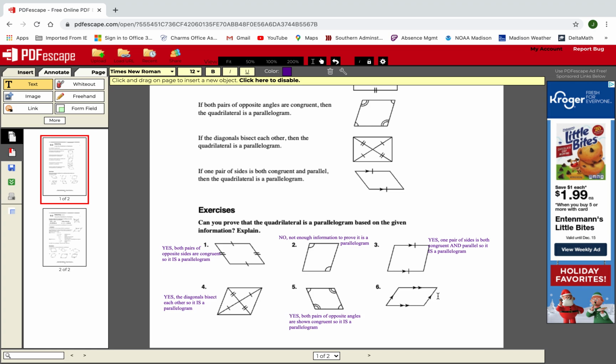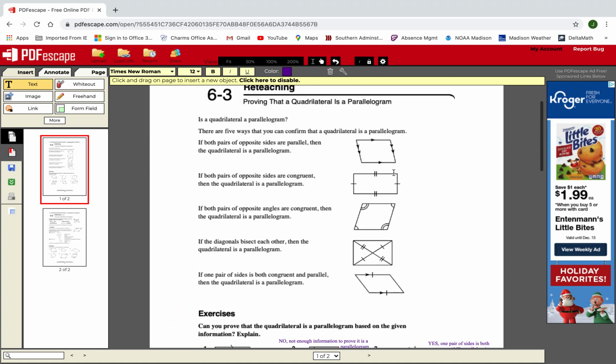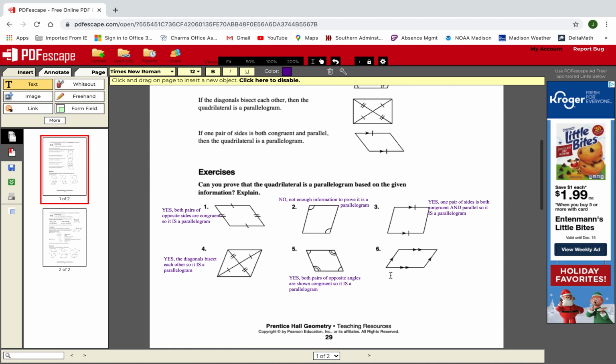Okay. And 6, this is our situation at the very top here, where both pairs of opposite sides are parallel. Okay, so this too is a yes. Both pairs of opposite sides are parallel, so it is a parallelogram. Okay, all right.